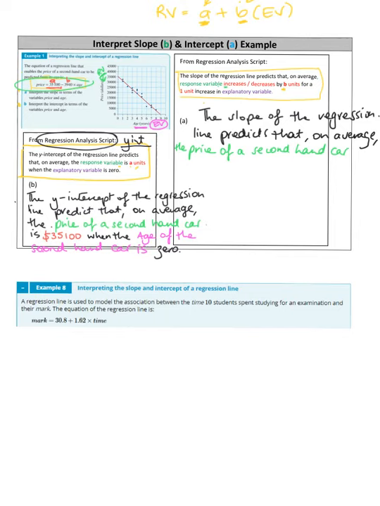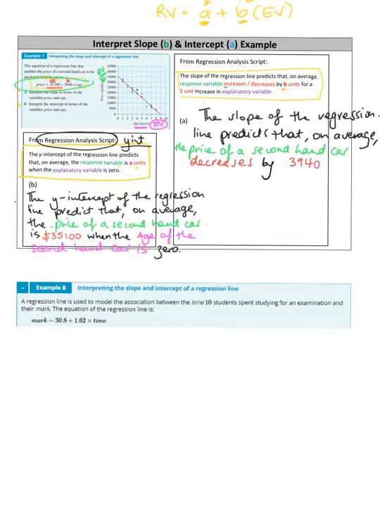Let's have a look. So B is the slope. There's a negative sign in front of that number, so it's going to decrease. So it decreases by B units. So B is, get the right colour, 3940.